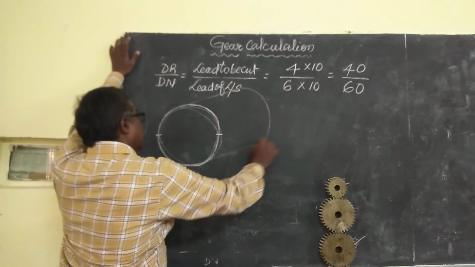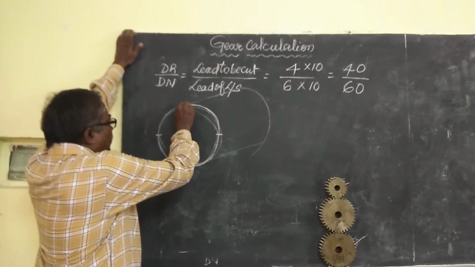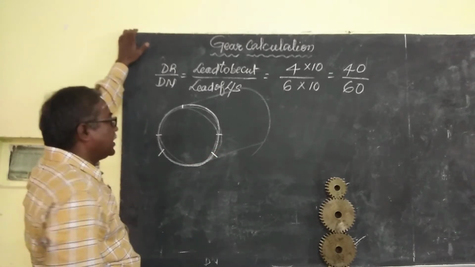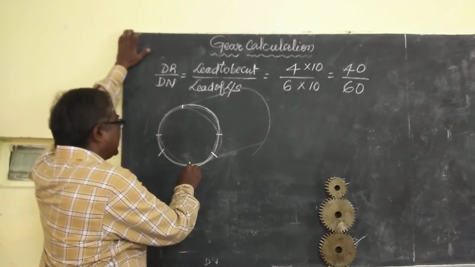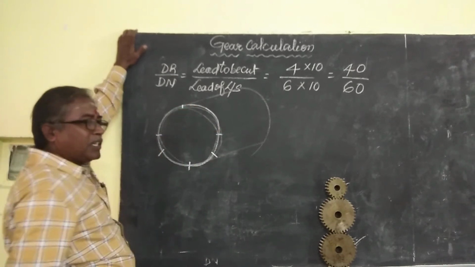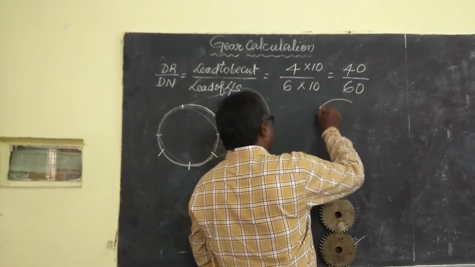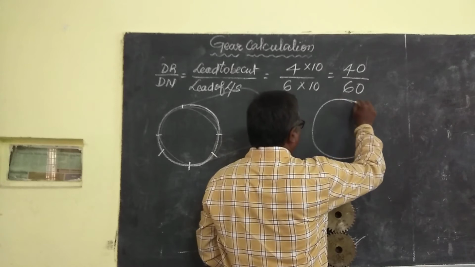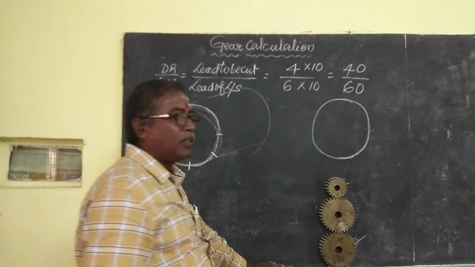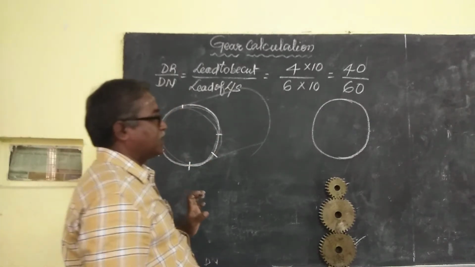If it is 3 starts, 1, 2 and 3. If it is 4 starts, that is here, 1, 2, 3, 4. The same way, the indexing driving plate is also made like this to cut a 4 start thread or 3 start thread or double start thread.